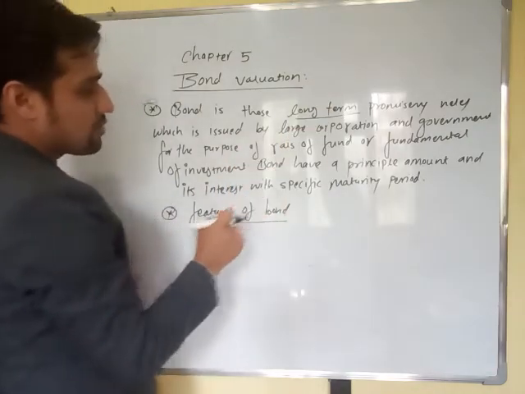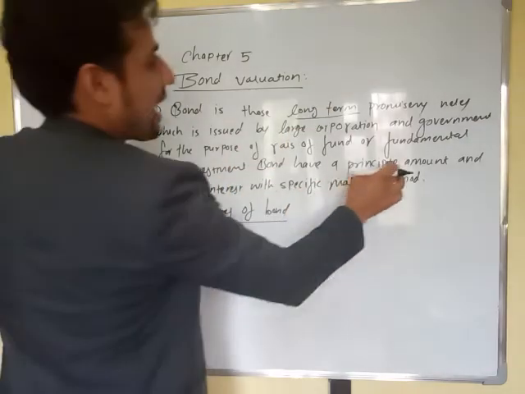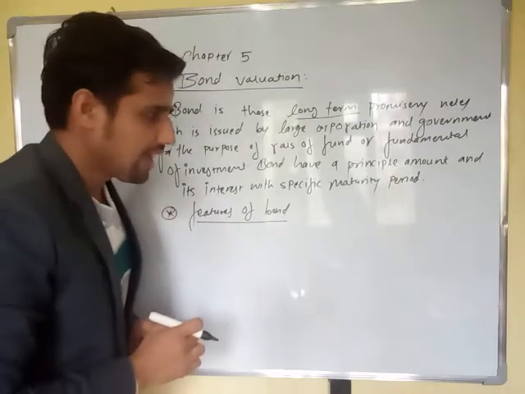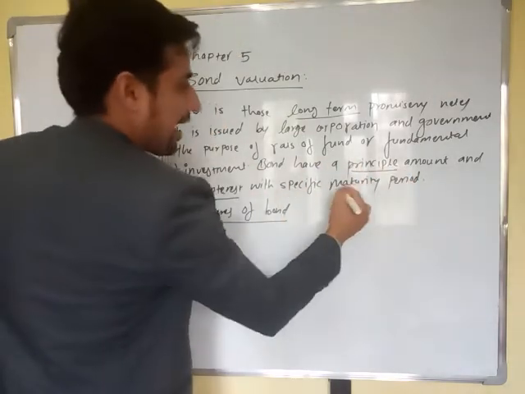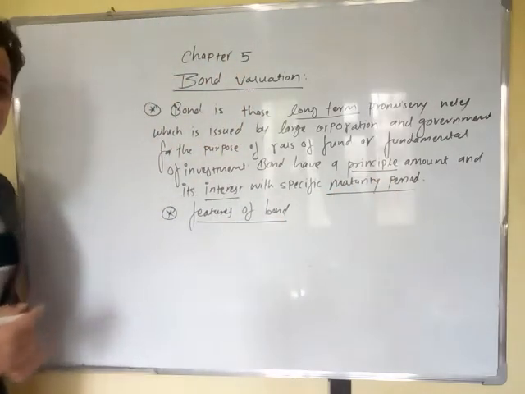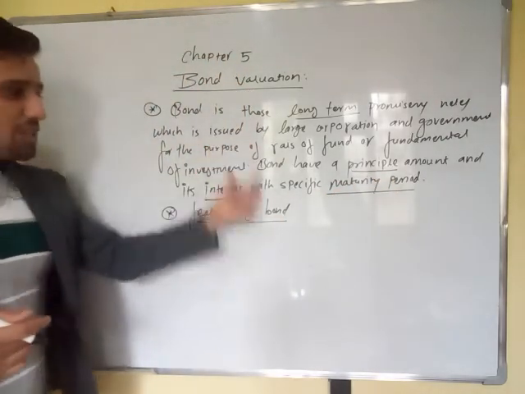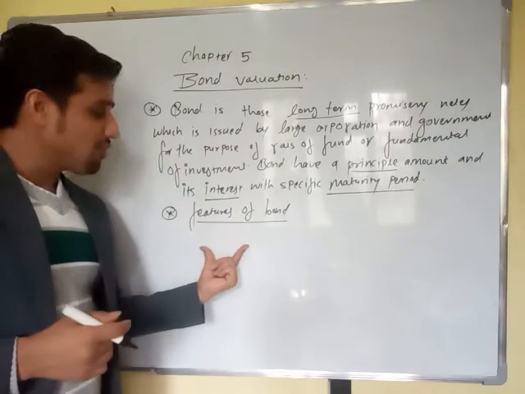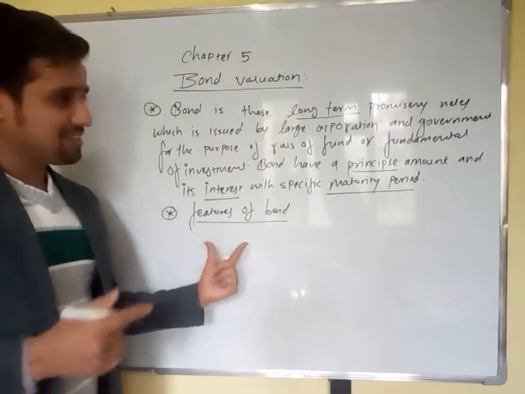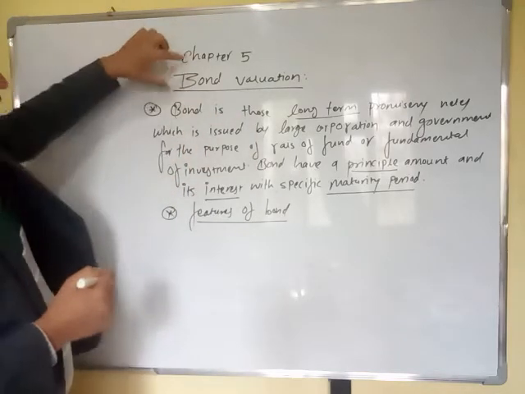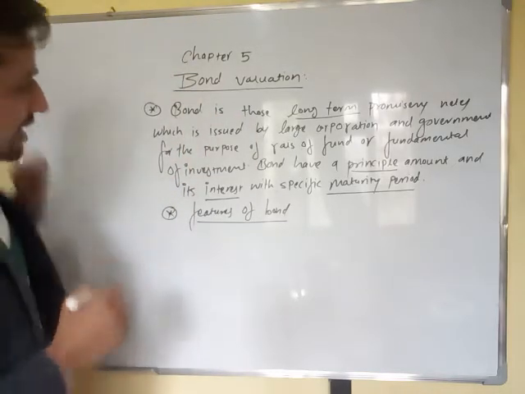Second, a bond has a principal amount, an interest rate, and a maturity period. We can easily find out the features of bonds. Don't write by rote, please; understand from this definition.